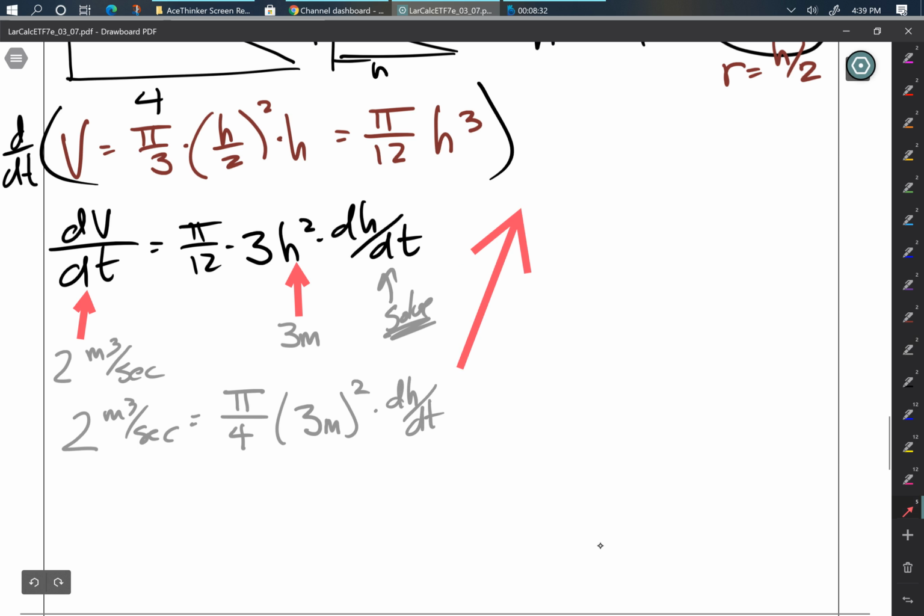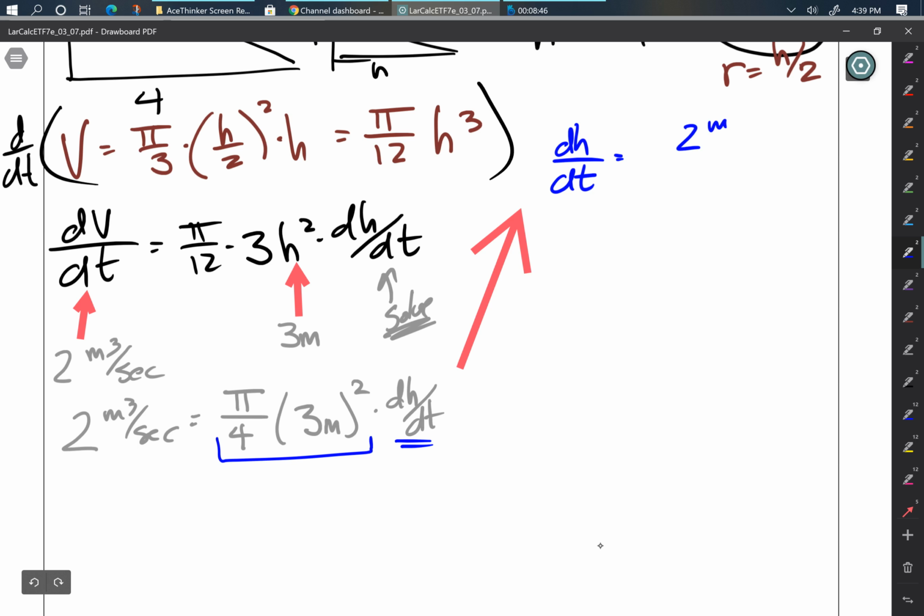I'm going to drag this up over here so I can keep the space down at the bottom for writing the final answer. So then I get, let's see, this junk is being multiplied by dH/dt. So that means that dH/dt is going to be equal to 2 cubic meters per second divided by, let's see, 3 meters squared is 9 square meters. 9 pi over 4 square meters.